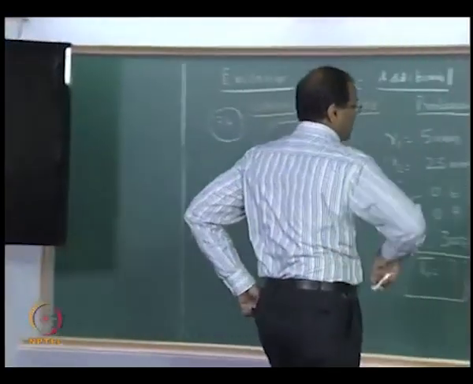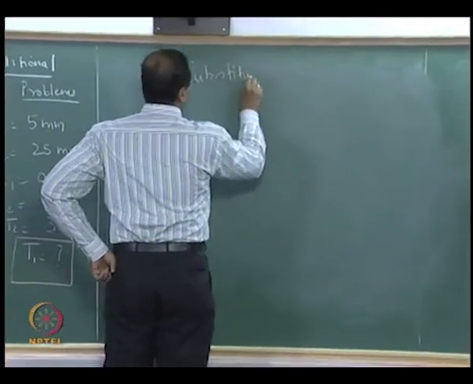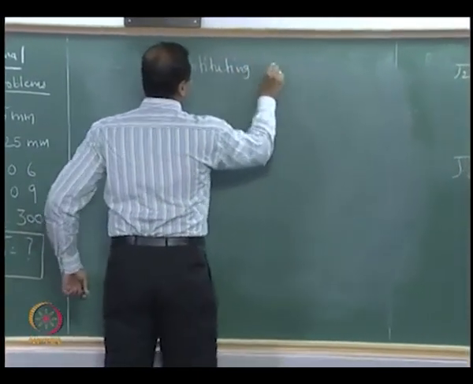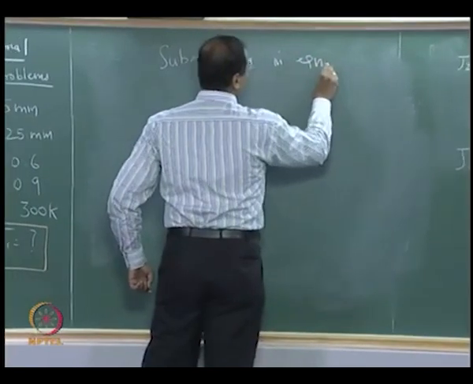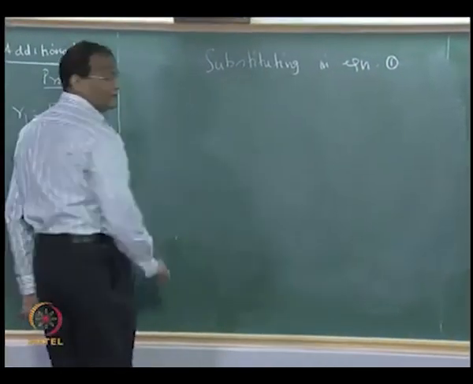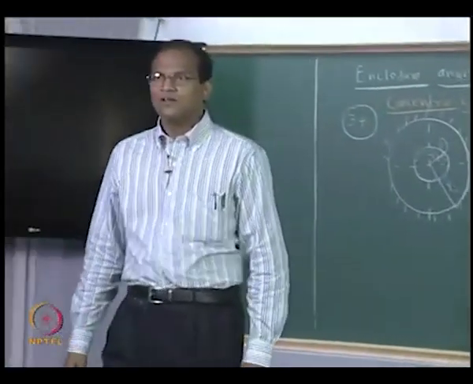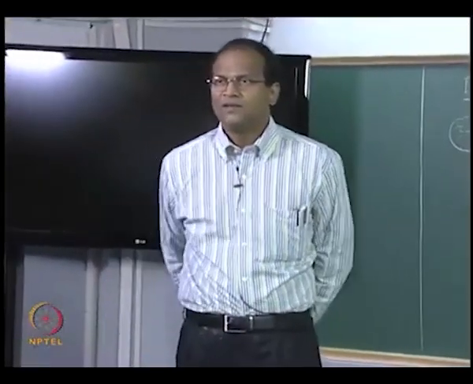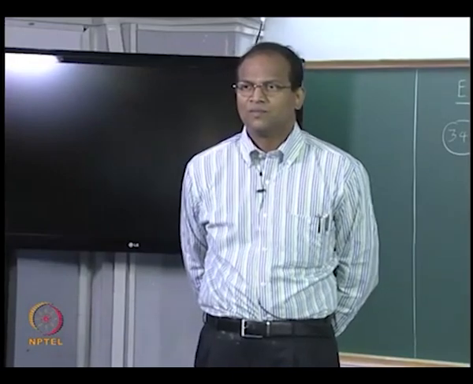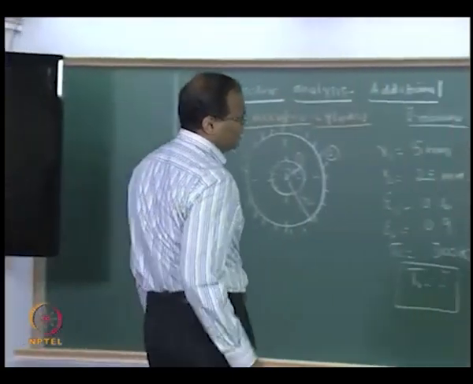Substituting in equation 1. Net Q from 1 will be J1 minus J2. In equation 1, if you just subtract J2 on both sides, yeah, we can get the Q straight away.